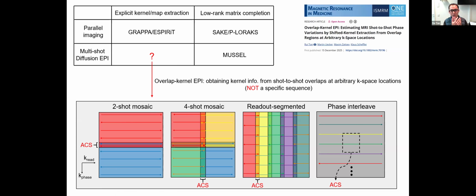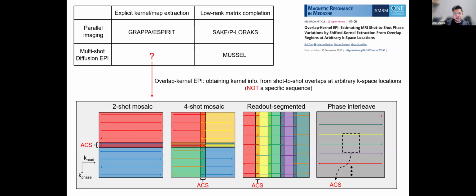But you need to align them. For each shot-to-shot ACS region, you can get a pair of two phase maps, and then you can get a lot of pairs of phase maps. But at the end, you need to somehow align them together, because if you don't align them, there will be a random phase offset. For example, the yellow segment has overlap on the left and right, but it only has one absolute phase.